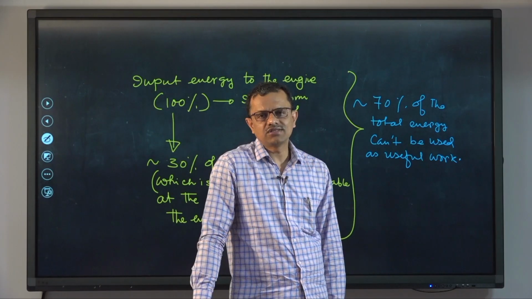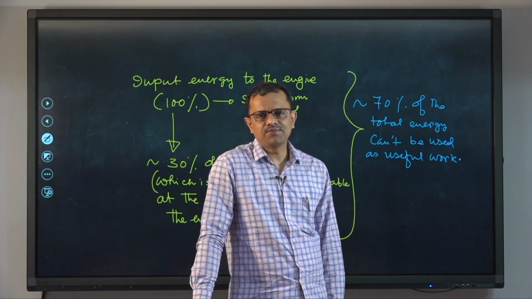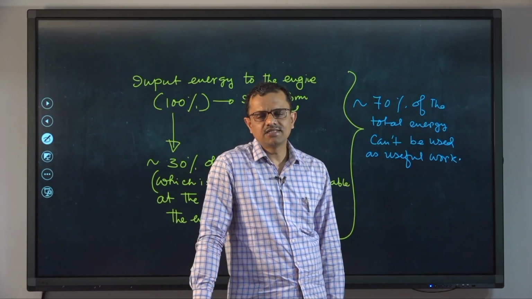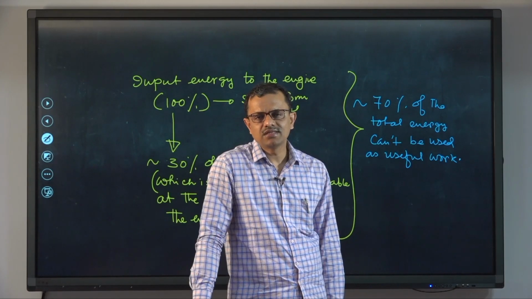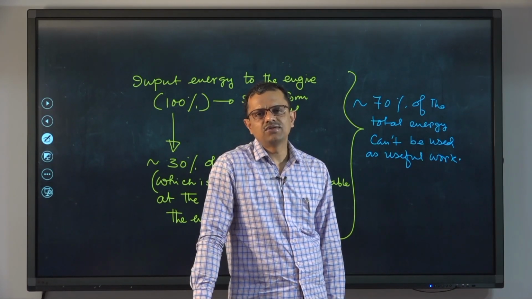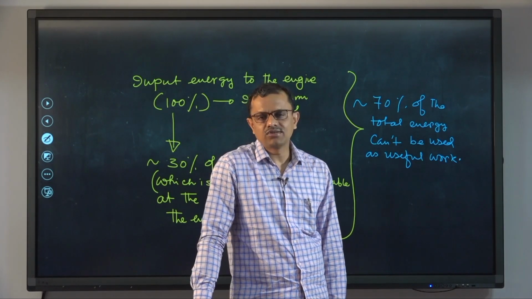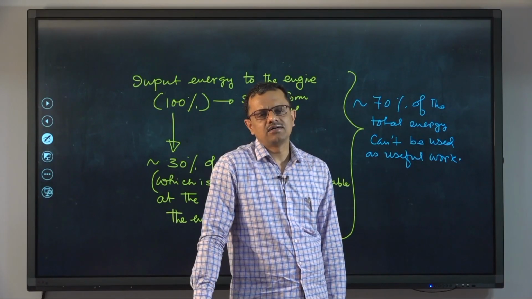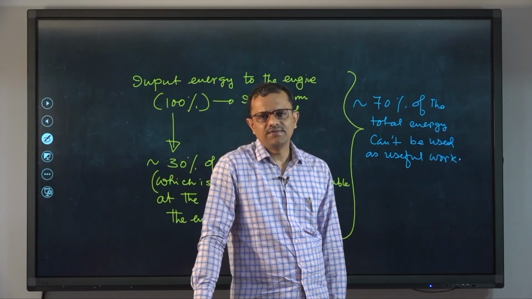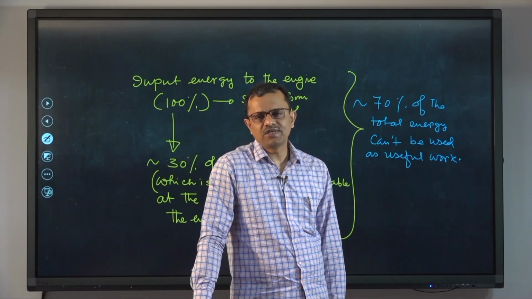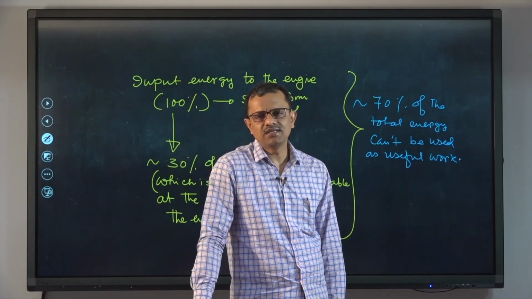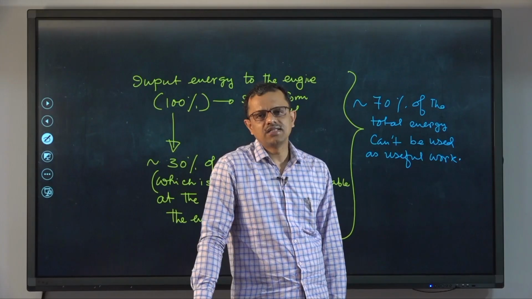Rather, the exhaust gases that are expelled from the engine cylinder carry some amount of enthalpy, that is loss of energy. Some part is used to overcome the frictional losses, some part is used to run the auxiliary systems for the parasitic loads. Even if it is a supercharged engine, then we have seen a part of the output work will be again used to run the compressor.